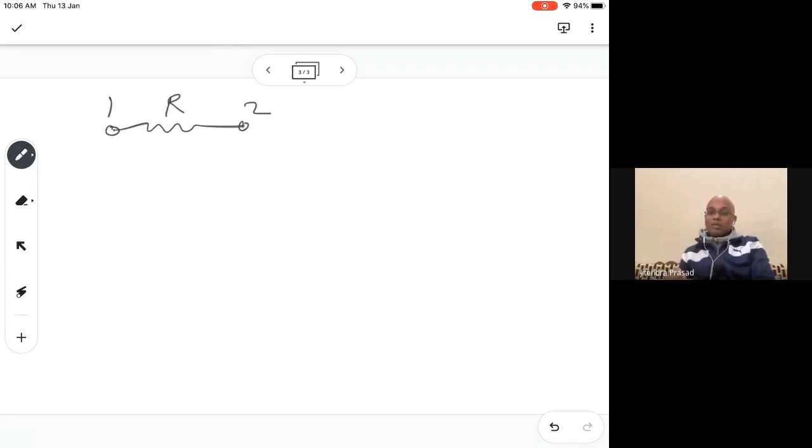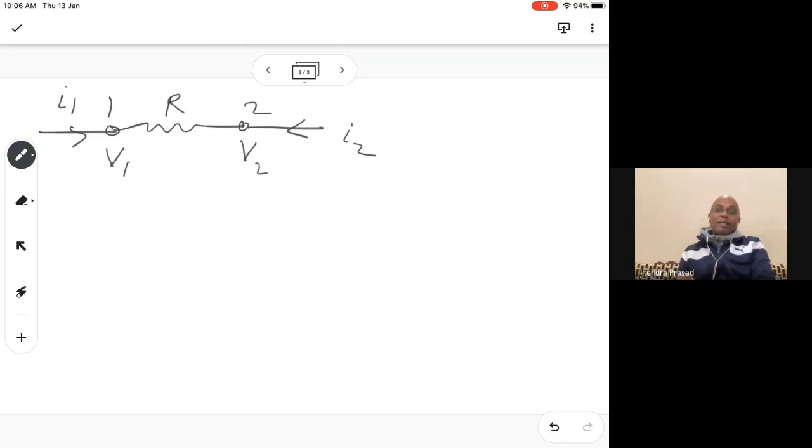In this case we have V1 and V2. This is the potential at point 1, potential at point 2, and then there will be a current which will be coming to this point. So we call it I1, and the current which is coming to point 2 is I2.